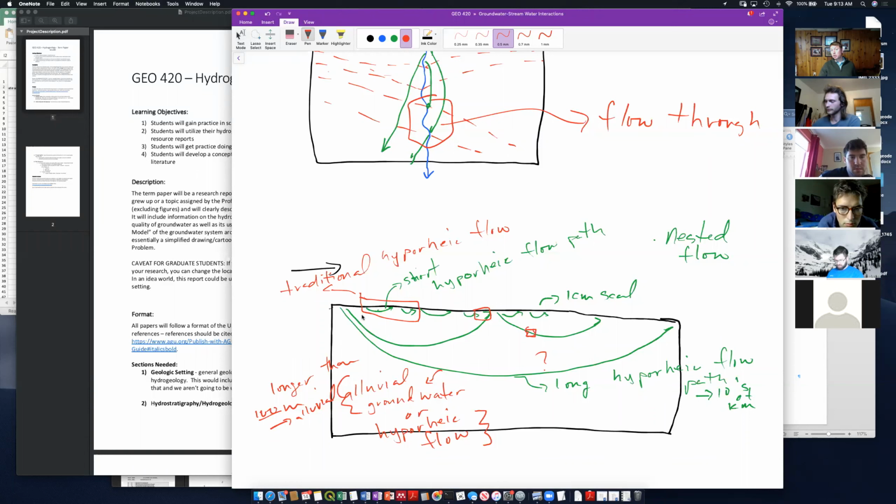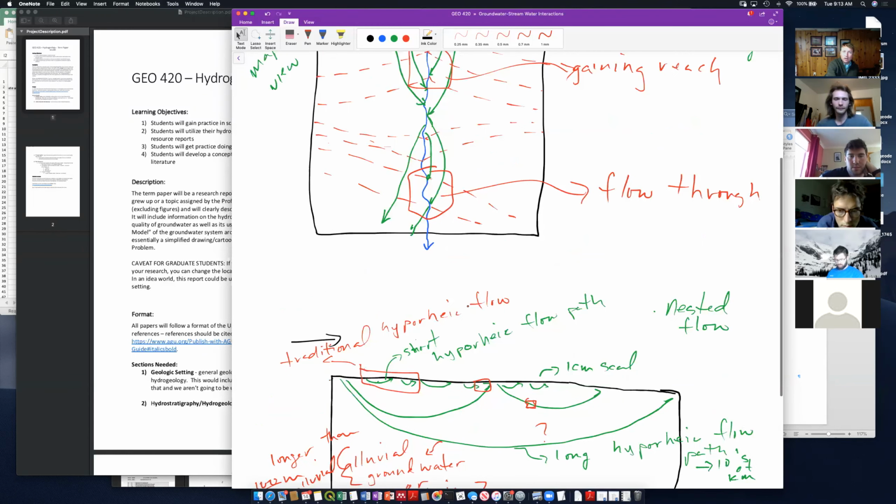And what I want you to know is that it occurs over various scales. The interactions are not like the Clark Fork is losing or the Clark Fork is gaining. The Clark Fork may be gaining over a section of 100 meters and losing over the next 100 meters. And those reaches have different groundwater stream water interactions that change both spatially and with time.